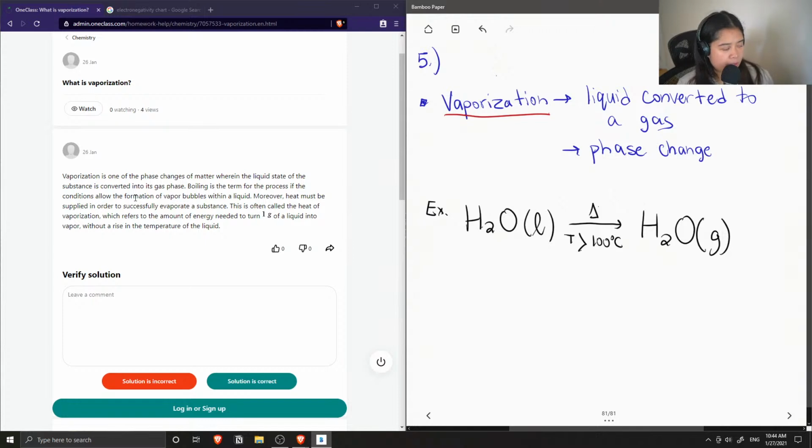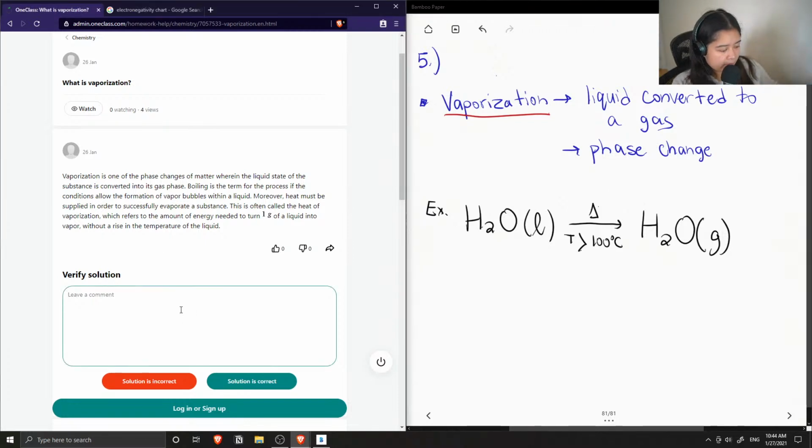Moreover, heat must be supplied in order to successfully evaporate a substance. This is often called the heat of vaporization, which refers to the amount of energy needed to turn 1 gram of a liquid into vapor without a rise in the temperature of the liquid. Okay, so the solution is correct.